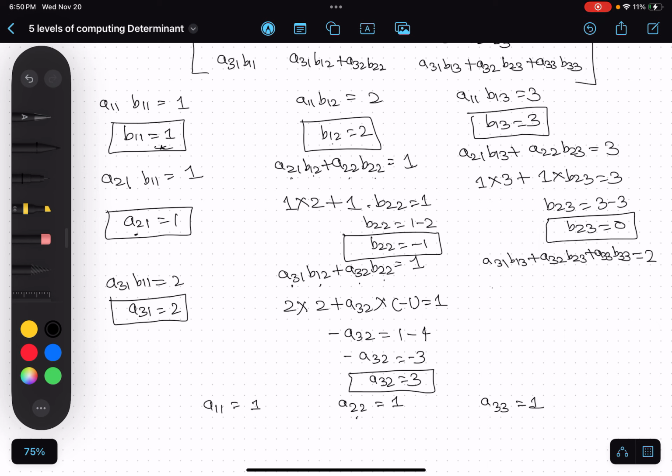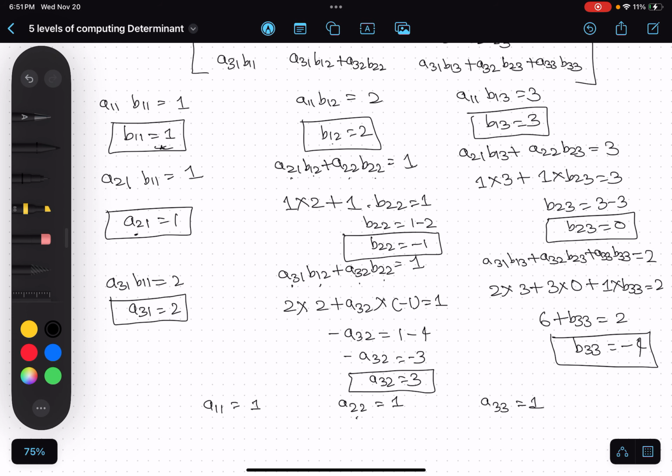Now A31 is 2, B13 is 3, plus A32, it's 3, B23 is 0, plus A33, it's just 1 times B33, which is 2. So this is 6 plus B33 is just 2. So B33 is just negative 4.